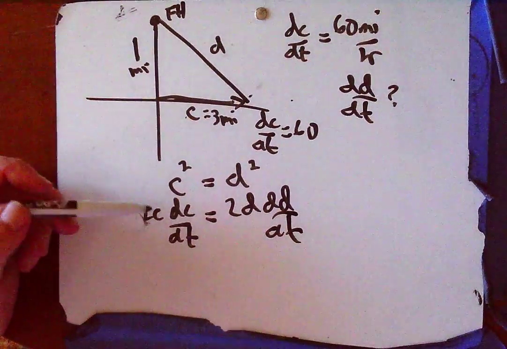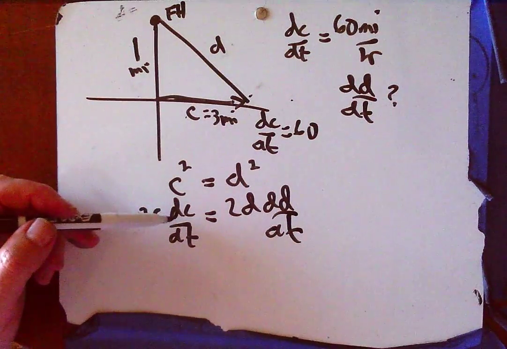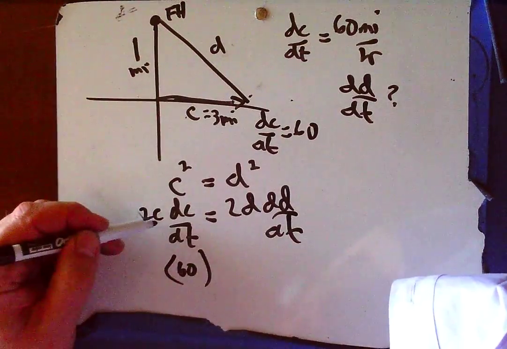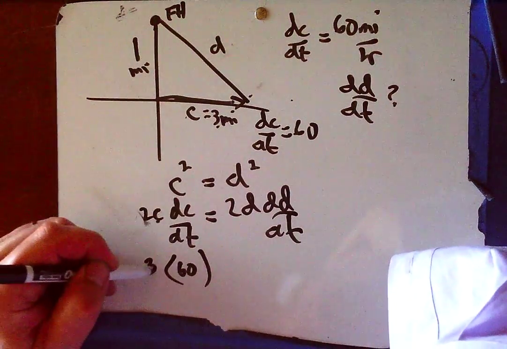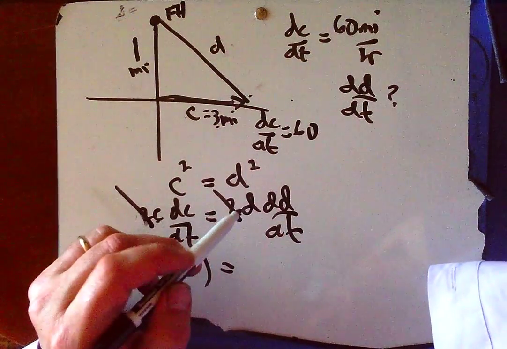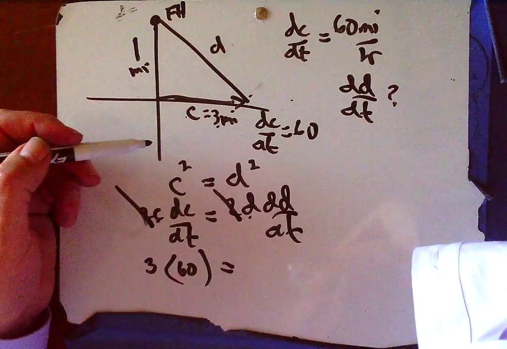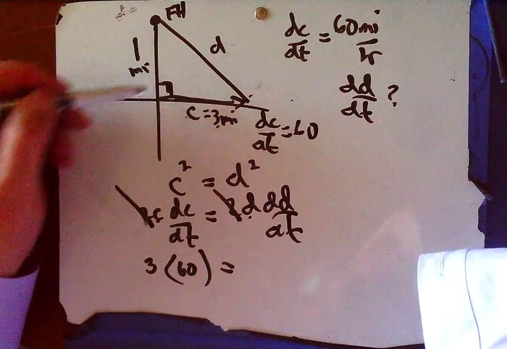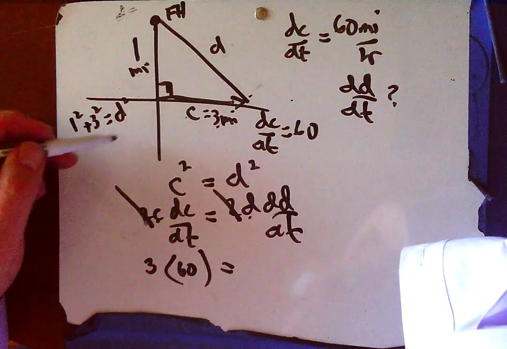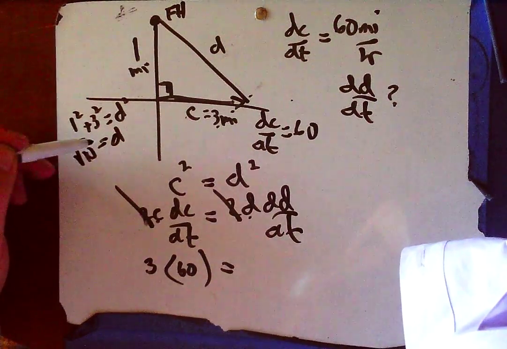Okay, so what do we know? We know that dc/dt is 60 miles an hour. We know that c is 3. This 2 and this 2 will cancel. I don't know D yet, but I can use the Pythagorean theorem to find D. I think that D is the square root of 10 miles.